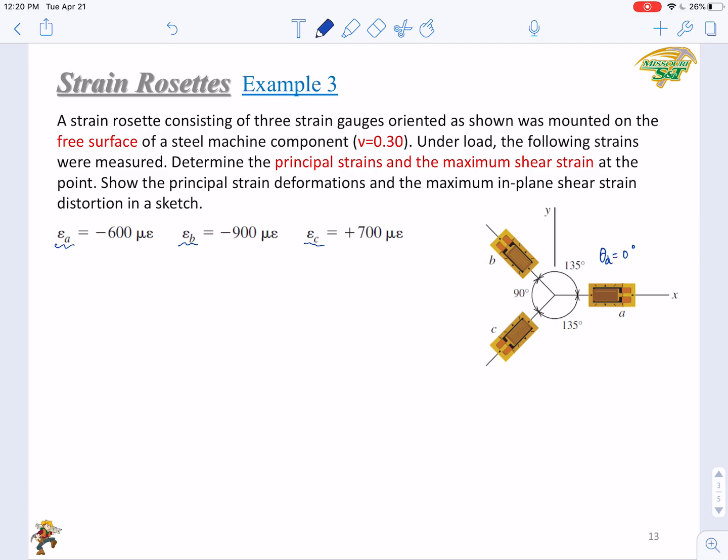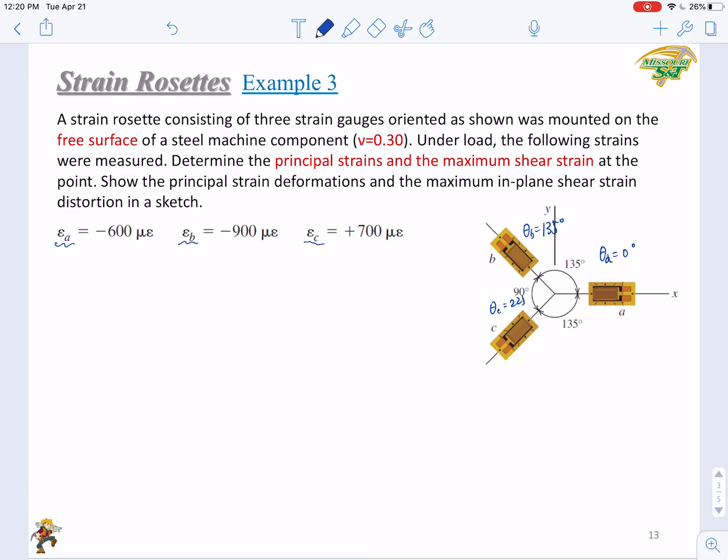It's just on the x-axis. And theta B is 135 degrees. And theta C is 225 degrees, or negative 135 degrees.